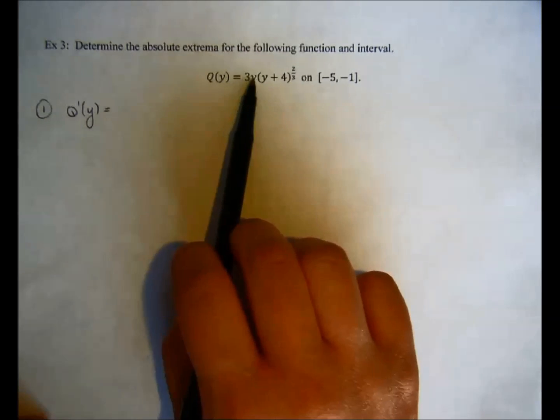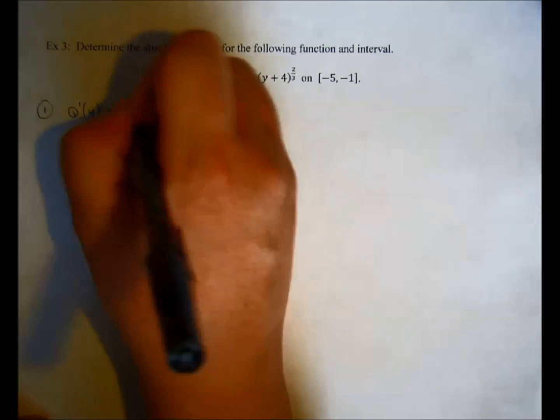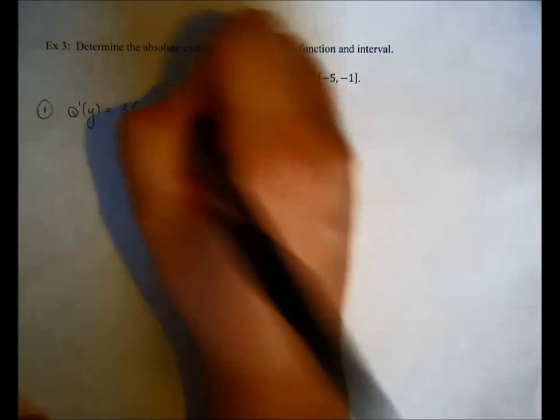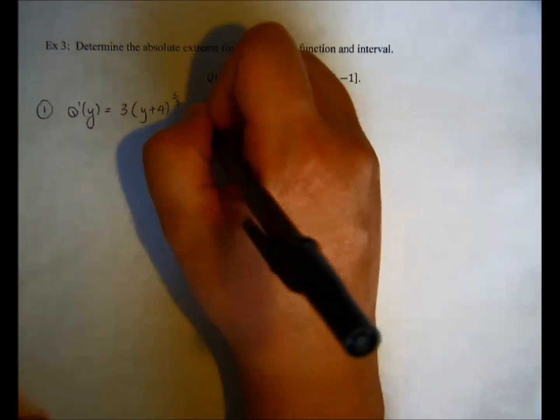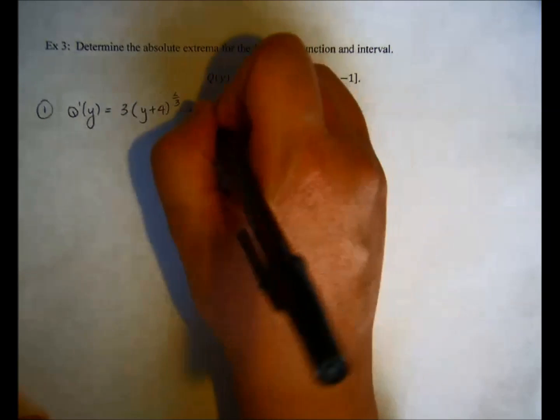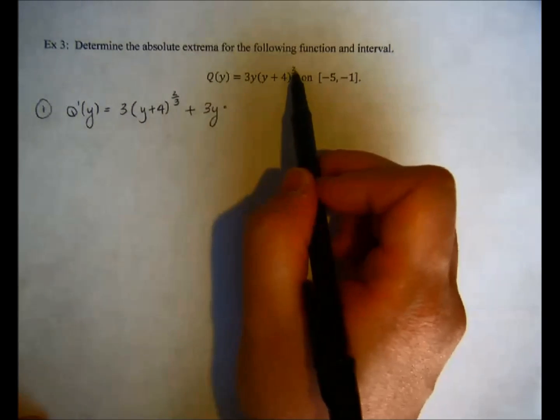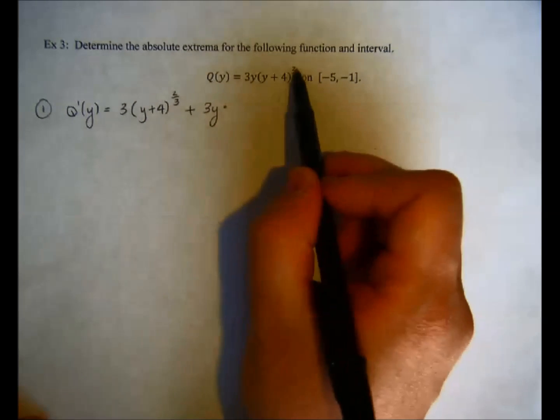So the derivative of 3y is just 3, and I will leave the (y plus 4) to the 2/3 alone. Then I'm going to add this to 3y, leave it alone, and then multiply it by the derivative of (y plus 4) to the 2/3.